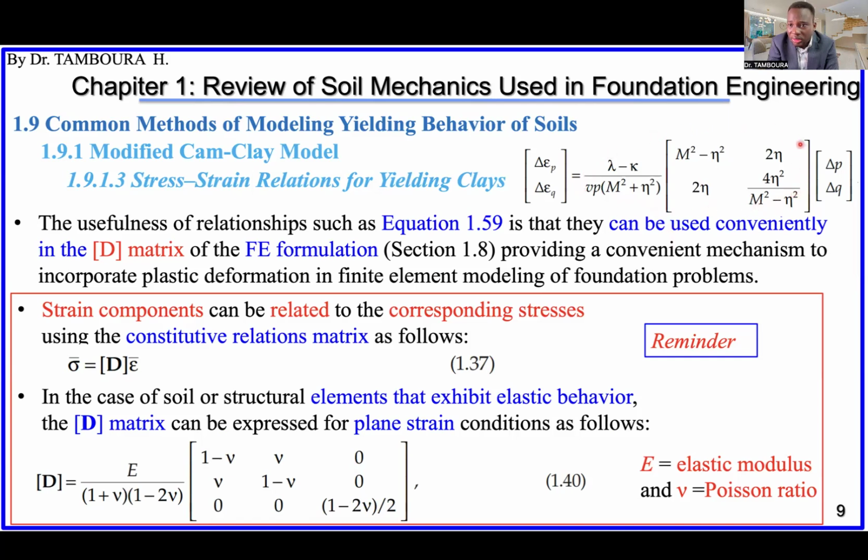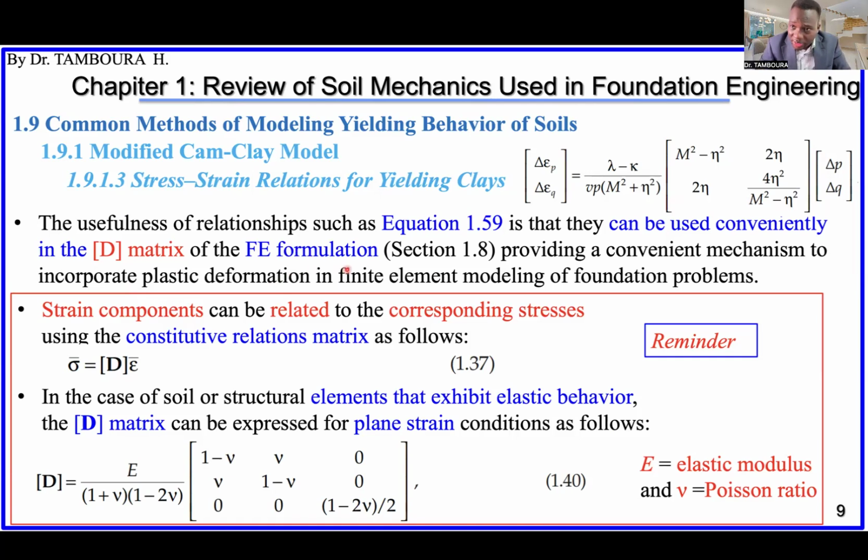It is just the link between stress and strain, similar to this condition. That's why this relationship is important. We need it for FEA analysis.